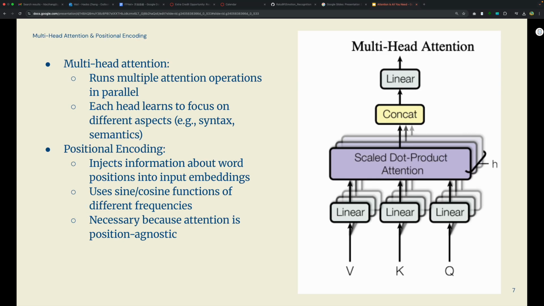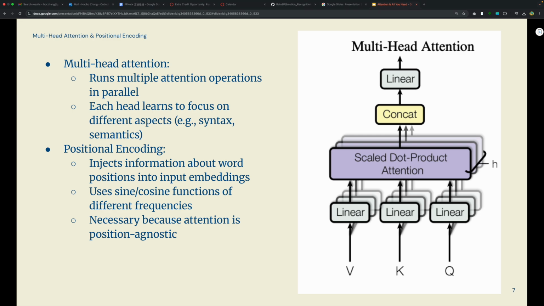To enhance the model's capacity to capture relationships within an input sequence, the transformer architecture introduces multi-head attention. Instead of performing a single attention operation, the model runs multiple attention mechanisms in parallel, each with its own set of learned projections of query, key, and value vectors.